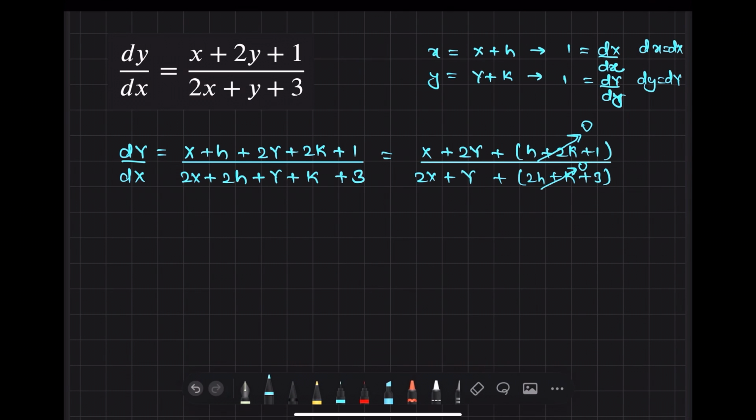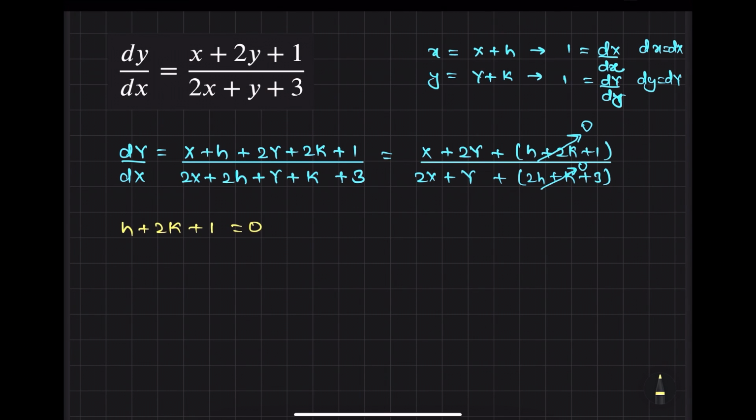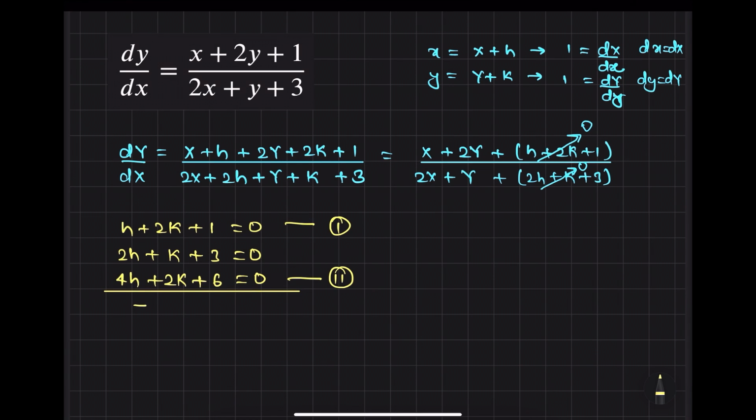So suppose that we need to solve the first part as h plus 2k plus 1 equals 0, and then 2h plus k plus 3 equals 0. So suppose you multiply by 2. If you solve this now, you have 4h plus 2k plus 6 equals 0. Now subtract. If you subtract, you will have minus 3h minus 5 equals 0.